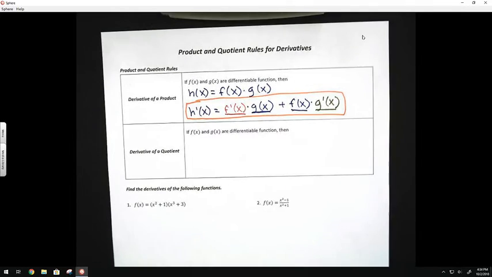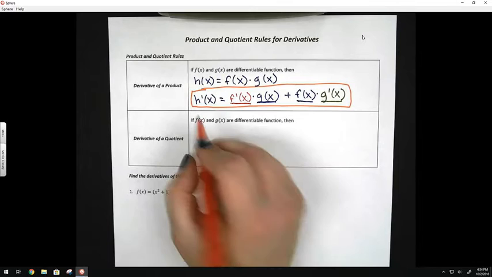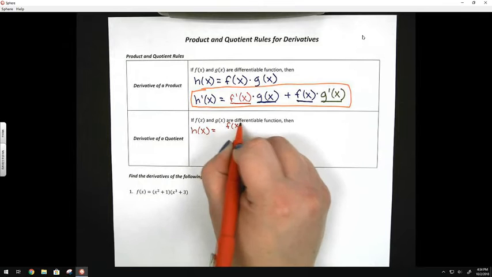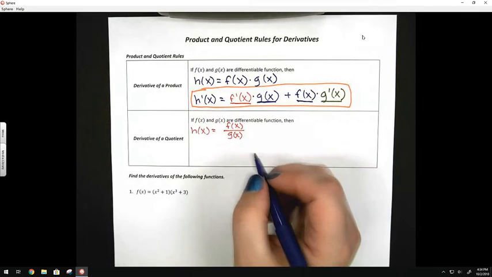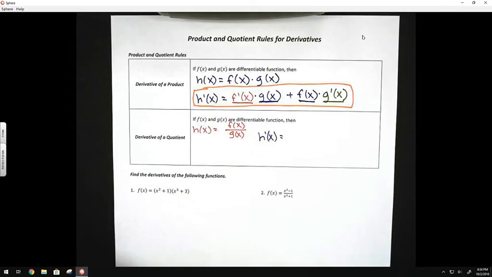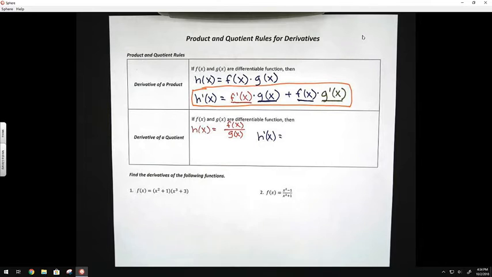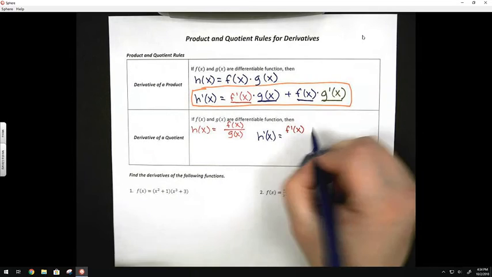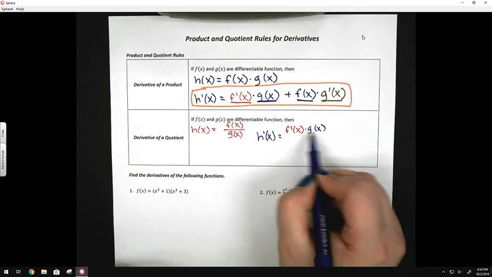Okay? Let's look at what the derivative of a quotient would be. So if we have that h of x is equal to f of x over g of x, then if we're trying to find the derivative, h prime of x, it looks an awful lot like our product rule at first. So we're going to do f prime of x times g of x. So the derivative of our first function times our second function.